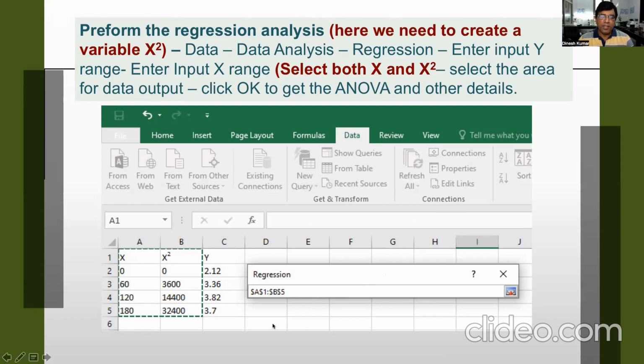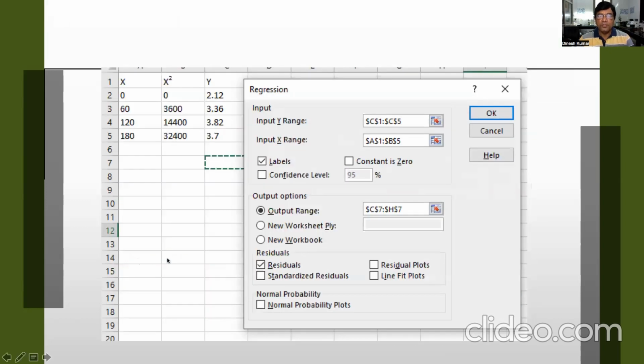If it is input Y range, you can insert it, or if it is X range, in X range, you need to select both X as well as X square. So here you can see input Y range. You can minimize this, and select Y. Similarly, input X range, minimize it, just click here, it will be minimized, and then select X and X square, select both. So you get data entered here.